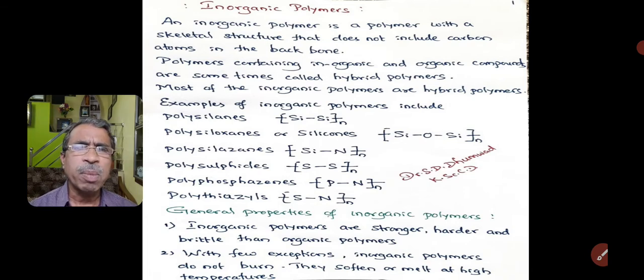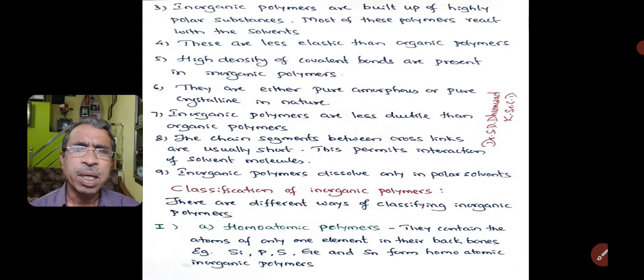Let us study the general properties of inorganic polymers. Inorganic polymers are stronger, harder and more brittle than organic polymers. With few exceptions, inorganic polymers do not burn. They soften or melt at high temperatures, whereas organic polymers burn.